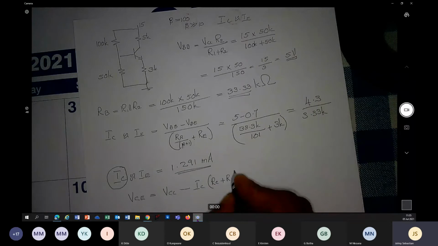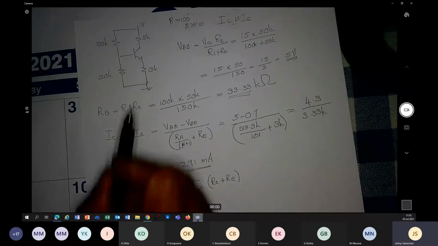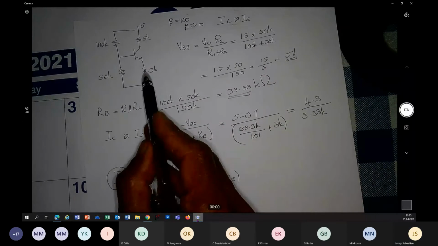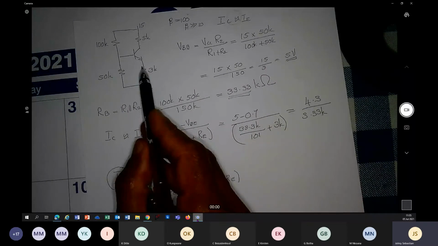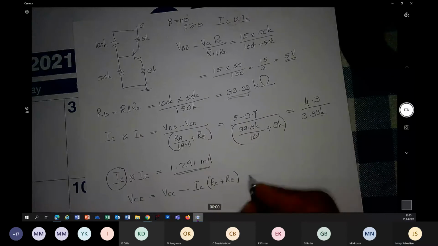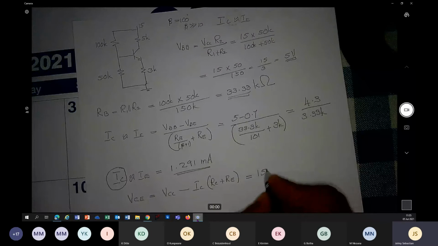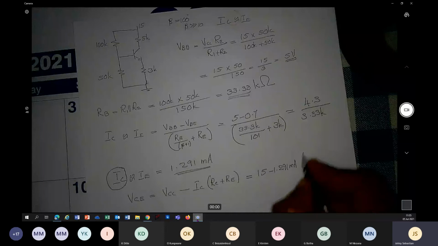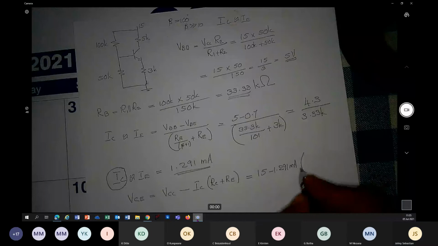Remember, we are assuming same current is flowing through collector and emitter. Why? The difference is too little. That is the reason. For example, 15 minus 1.291 milliampere times RC plus RE. 5K plus 3K is 8K. Work it out for me.